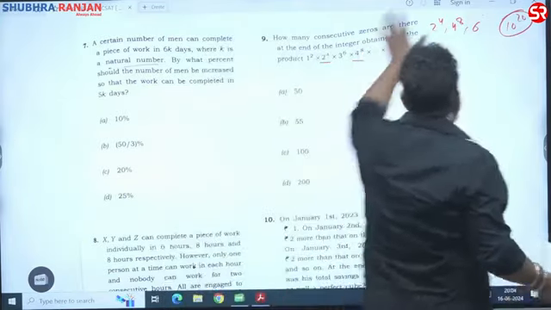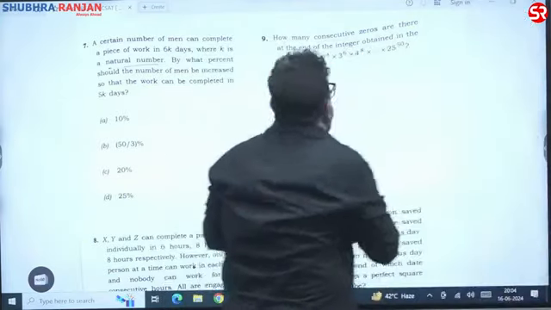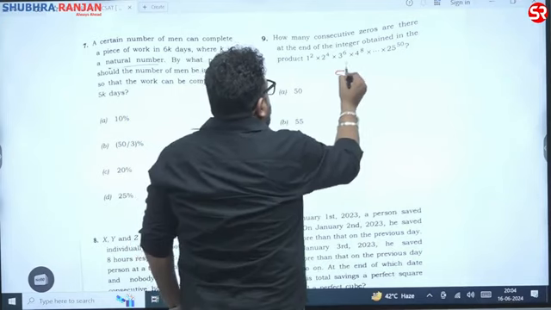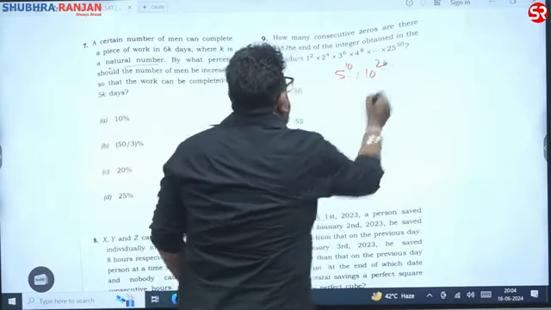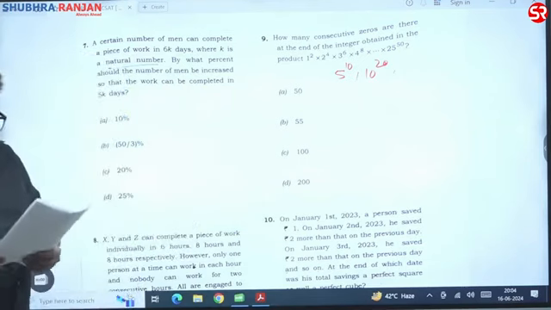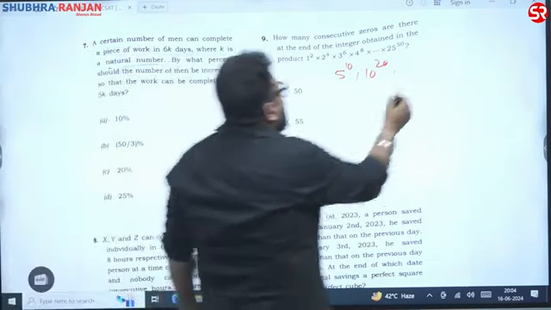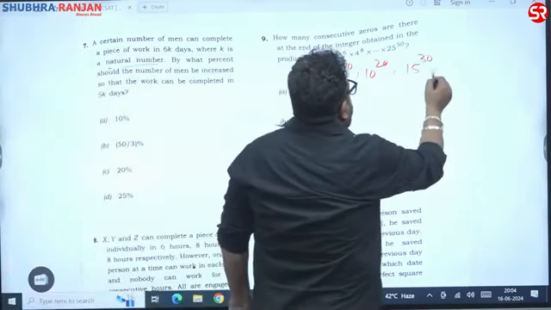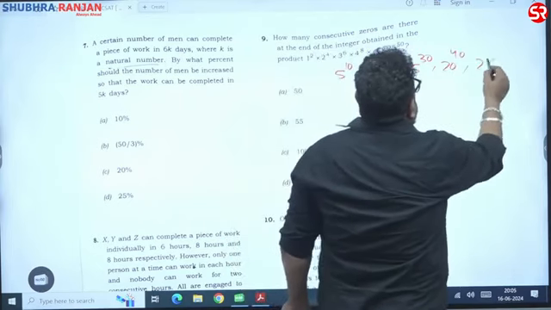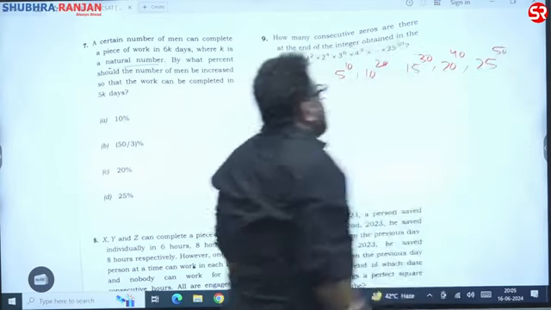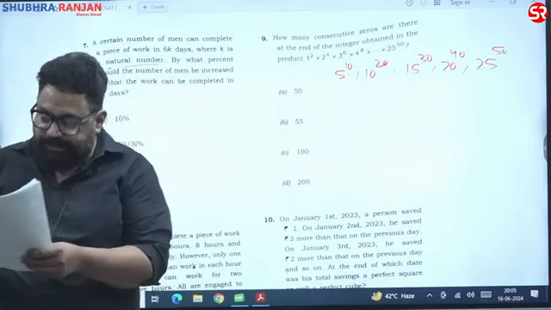So I would just check powers of 5. So how many powers of 5? 5 to the power 10, 10 to the power 20, just check out. 10 to the power 20 and 15 to the power 30 and 20 to the power 40 and 25 to the power 50. These are the 5 key entries.